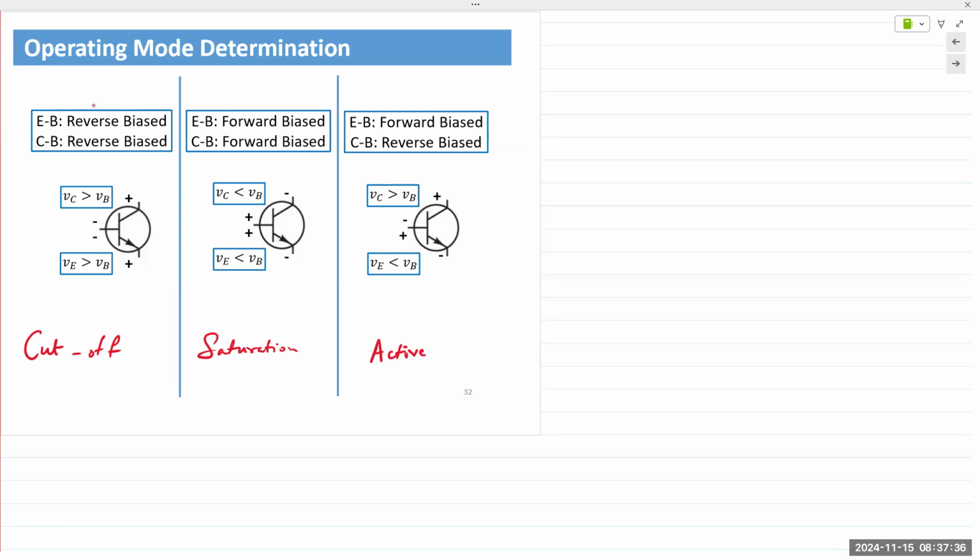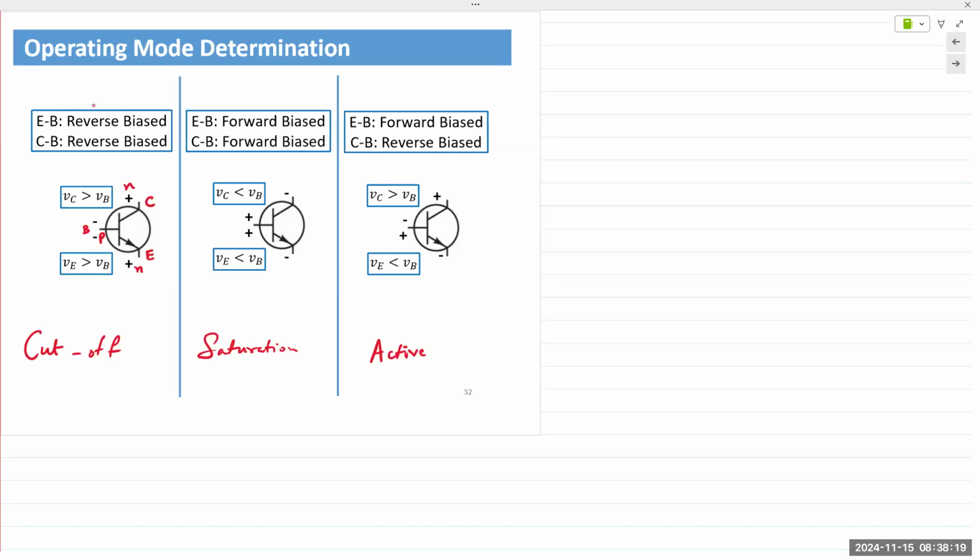Okay, but what does it mean in terms of the voltages? Well, this is the collector, emitter, and the base. And it's an NPN transistor. So N, P, N. So the collector voltage is higher than the base, and it's a reverse bias PN junction. And the emitter voltage must be lower than the base.